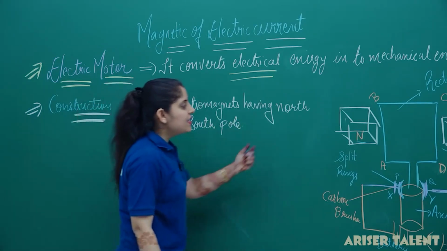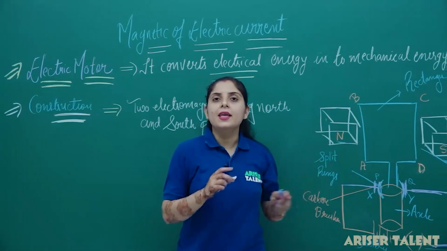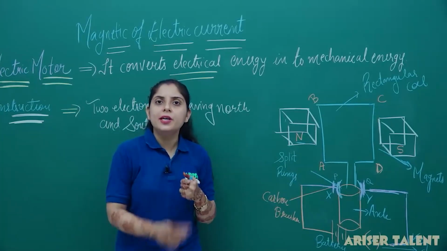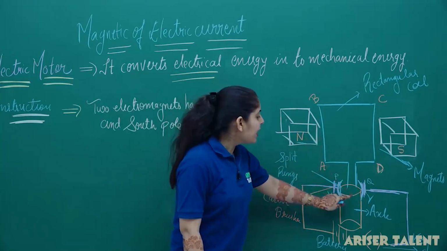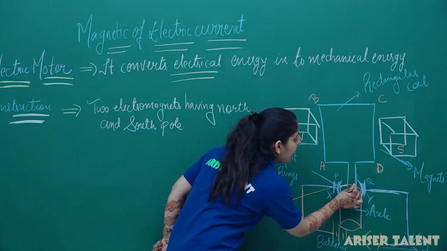Now, what is the second thing we have taken? The second thing is the rectangular coil ABCD having a large number of turns of insulated copper wire on it. The ends of this will be connected to the split rings we have.